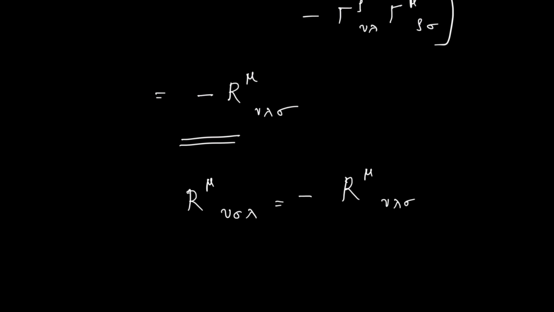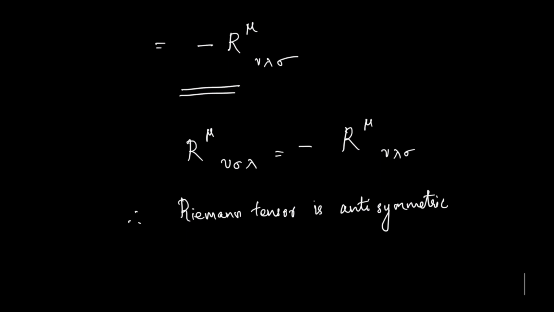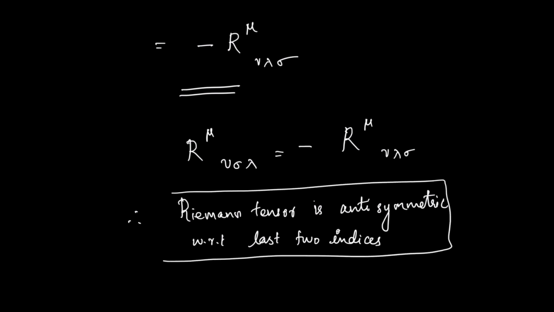Therefore the Riemann tensor is anti-symmetric with respect to the last two indices. So if you interchange the last two indices, you will get a negative. Riemann tensor is anti-symmetric.